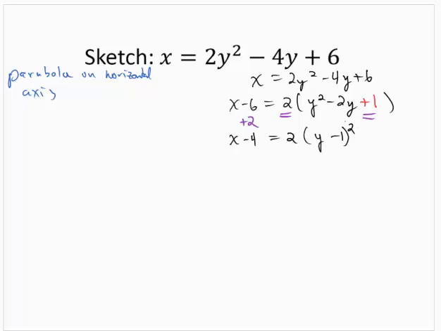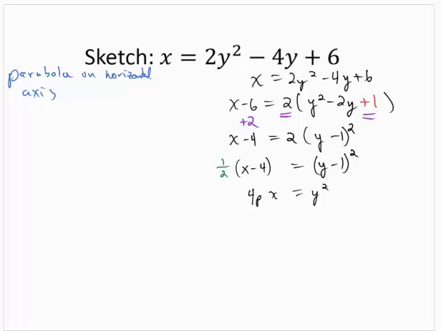Now we usually like to have the squared quantity by itself, so I'm going to multiply both sides by 1/2. And so I can rewrite this as 1/2 times x minus 4 is equal to y minus 1 squared. And now this looks like 4px equals y squared, but shifted.